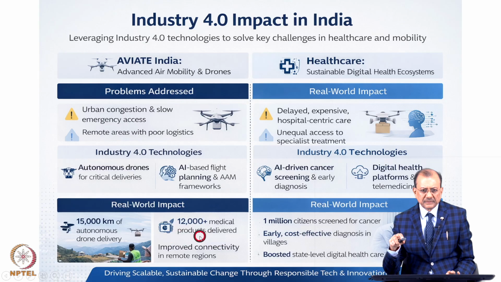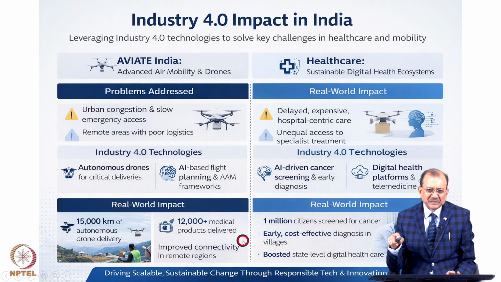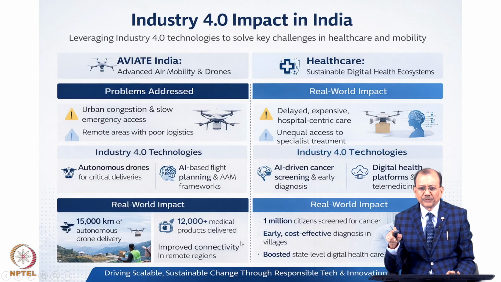This Aviate project was started only a few months back, and in a few months' time, they have done this. They call it medicine by sky. For that, there is another report published by the World Economic Forum that drones are being used for sending medicine by sky. So you can go through that report as well. I think I have given the reference of the report in the subsequent slide.